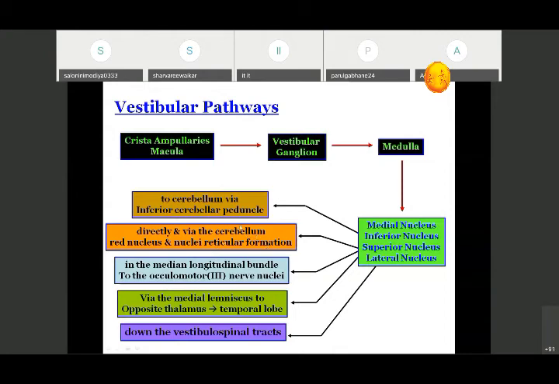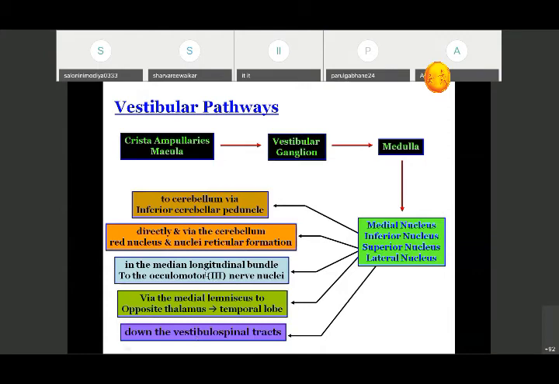From the cerebellum they may go to the red nucleus and reticular formation, and from here it will go back to the spinal cord in the form of the vestibulospinal tract. There are 2 types of vestibulospinal tract, the lateral and the medial, and these help in maintaining the tone of the muscles in the anti-gravity action according to the position of the head. So they help in the postural reflex.